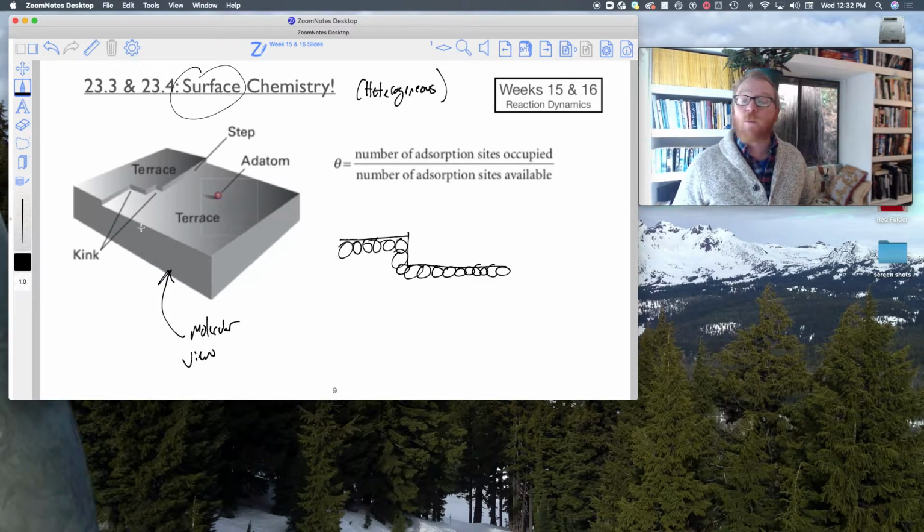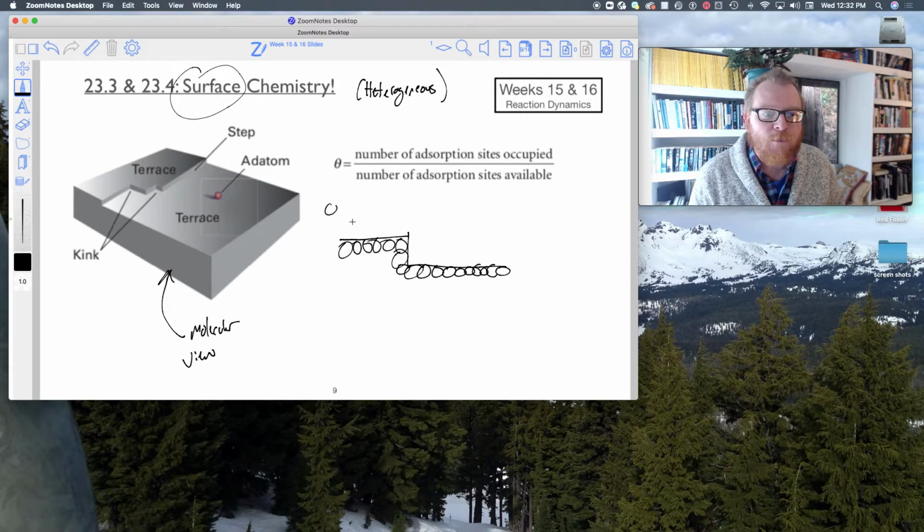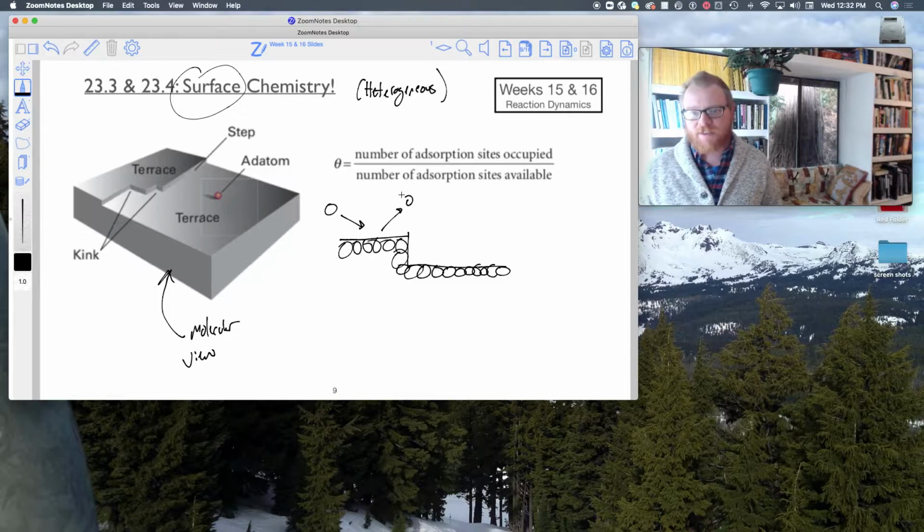And so what I'll say is when we're doing this heterogeneous catalysis, and this could be gas interacting with a solid or a liquid interacting with a solid, right? We can put, let's say, a platinum solid in a liquid mixture, and that platinum solid will function as a catalyst, much like this.